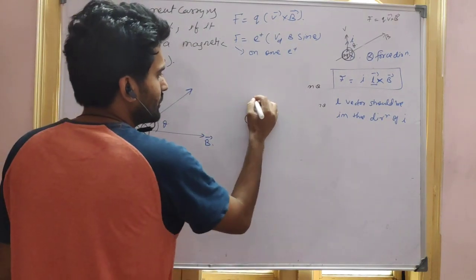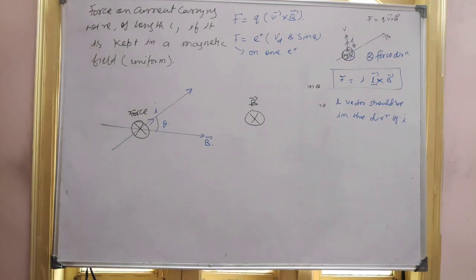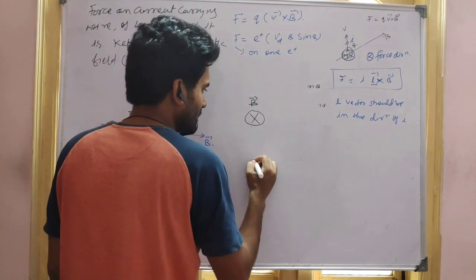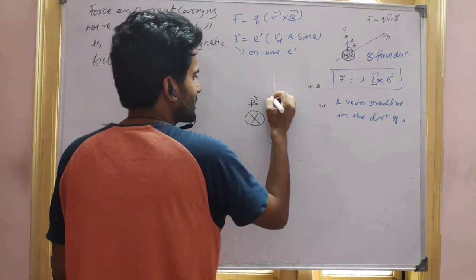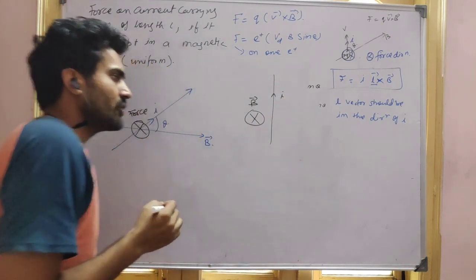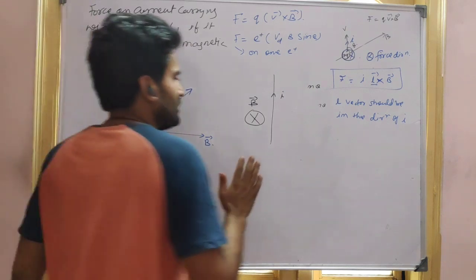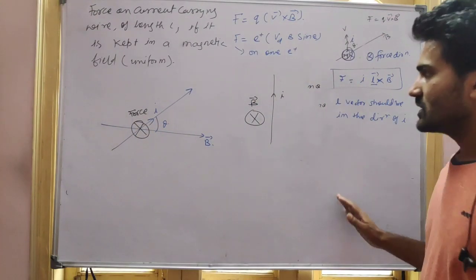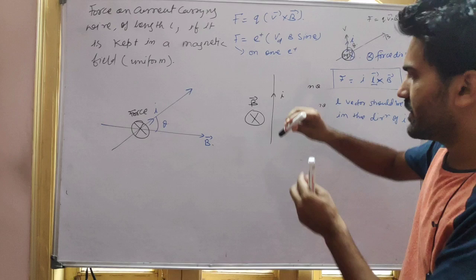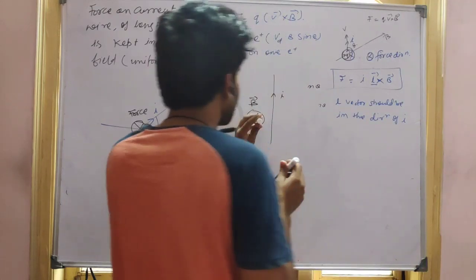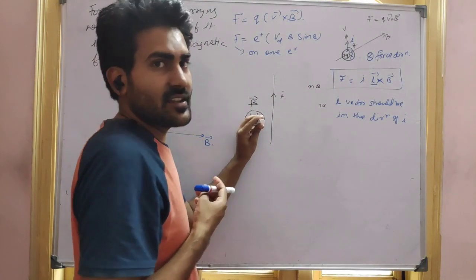This is the magnetic field and the current is in this direction. Okay, this is I. So where will be the direction of the force? See, it is going into the plane. And where is the direction of the current?